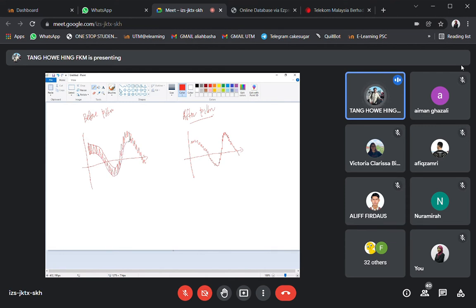The fluctuation here is bigger as compared to the fluctuation here, which is smaller. Okay, so I can say that these small fluctuations are because of the 100 kilohertz noise.